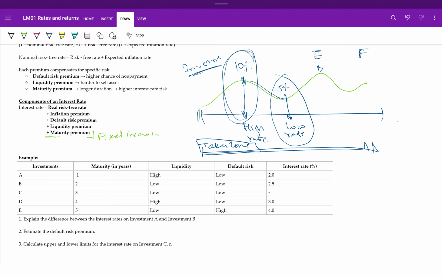The investment E has a maturity of 1 year, and investment F has a maturity of 4 years. Because of longer maturity, F is more sensitive to risk, I mean the price being sensitive to the change in interest rate. So your long-term investment has an interest rate sensitivity to the market.